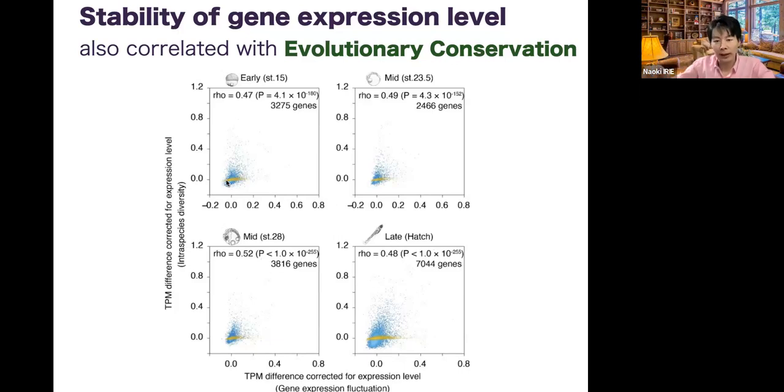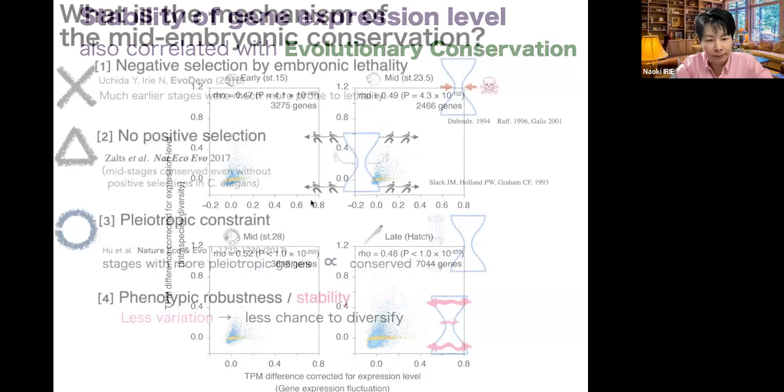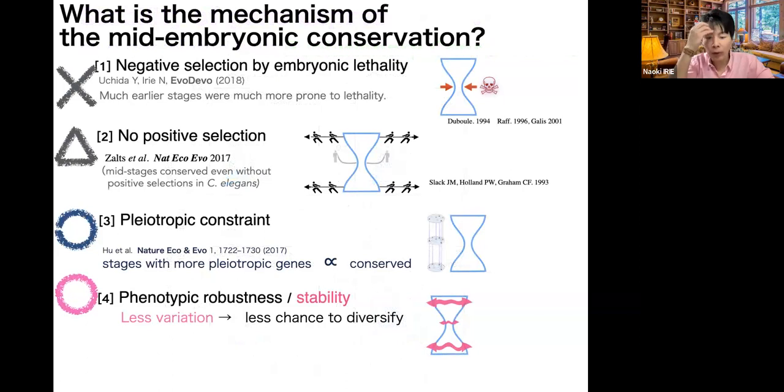So we also normalized that, but still we found a positive correlation between interspecies diversity and stability, gene expression fluctuation. So the fourth idea may also be supported.